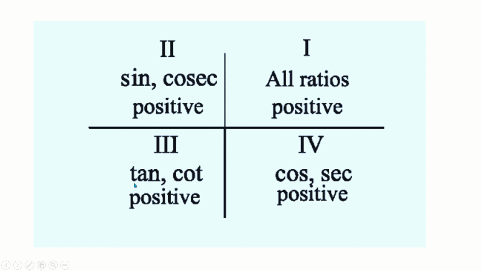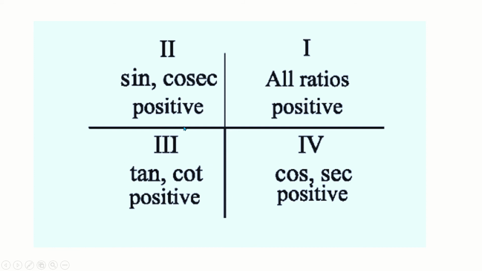But here tan and cot are positive, because x is negative and y is negative, so negative by negative gives positive. Base by perpendicular or perpendicular by base is related to tan and cot, so in this quadrant tan and cot will be positive.